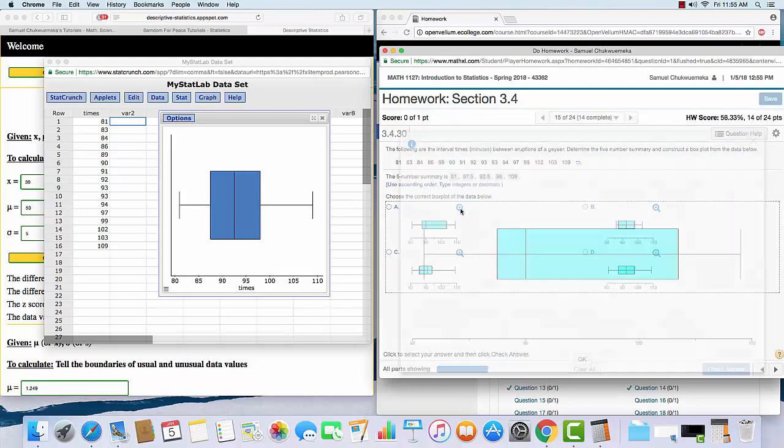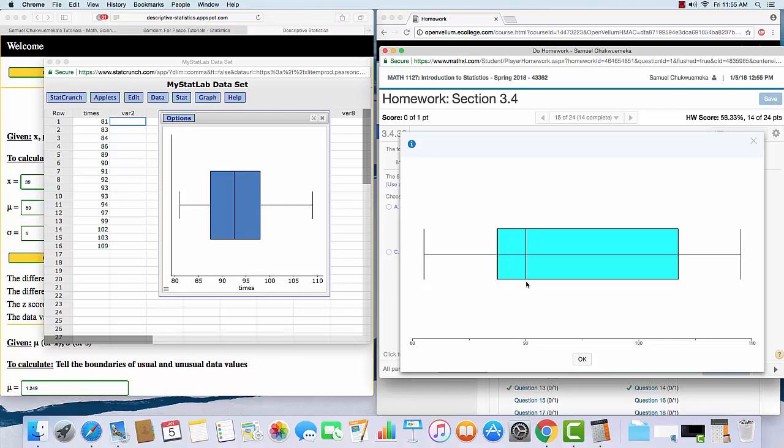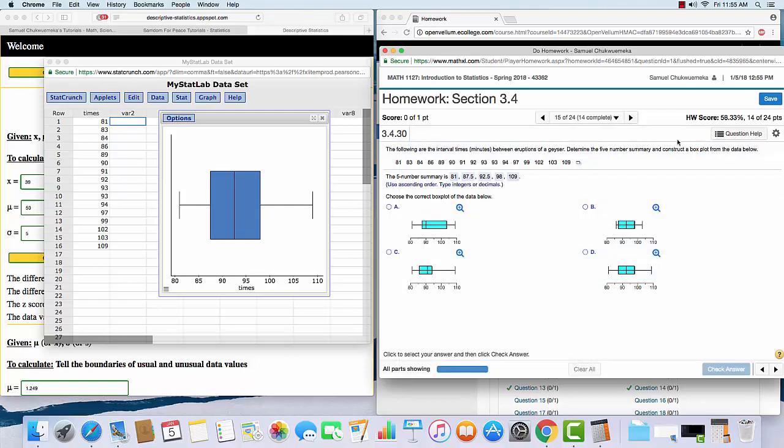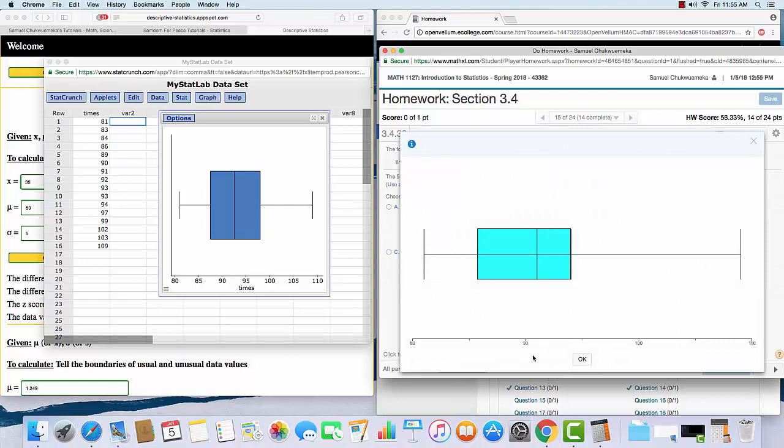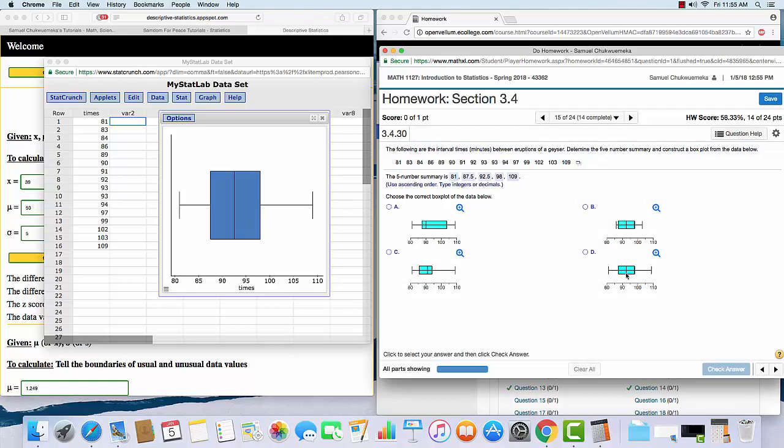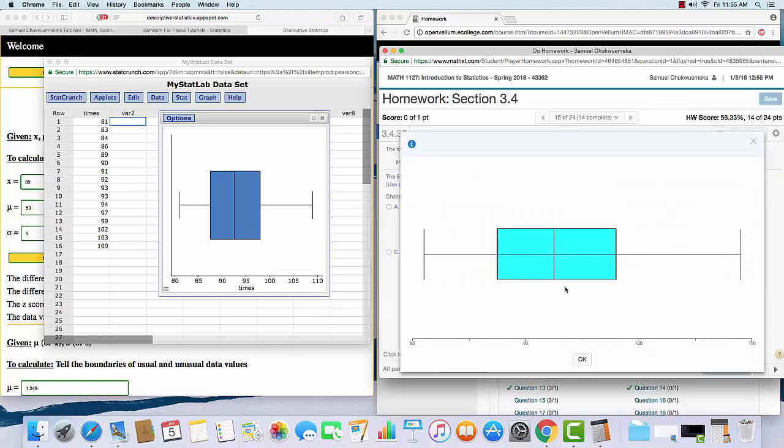This looks like 90, but let's leave A as okay. Let's look at C. 92.5. This is okay. C is okay. Let's look at D. 92.5.